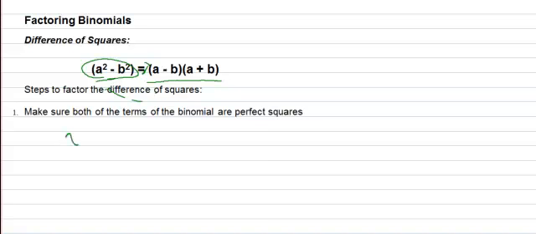So obviously we know x squared is a perfect square because that is x times x, and there's really nothing to think about there. But let's talk about something like x to the fourth, maybe x to the sixth, and x to the ninth. Now this is where we have to really sit back and think.